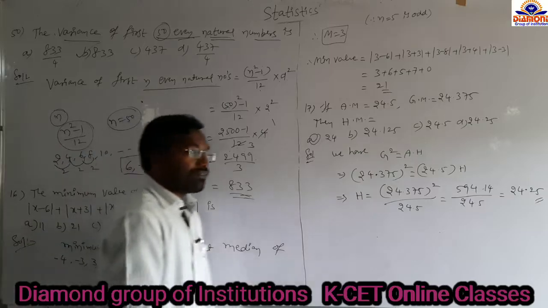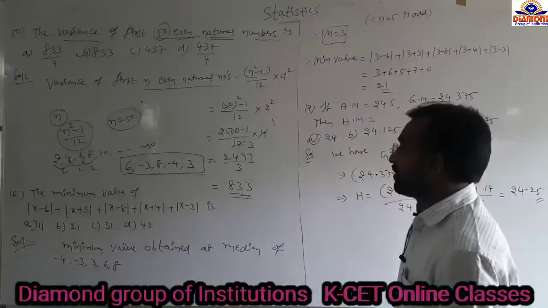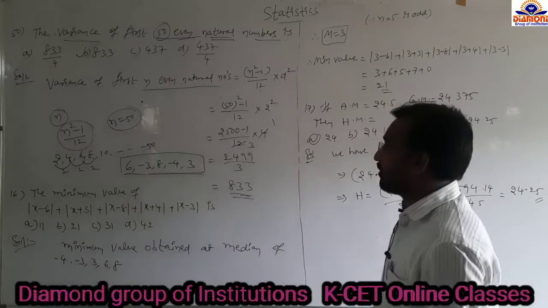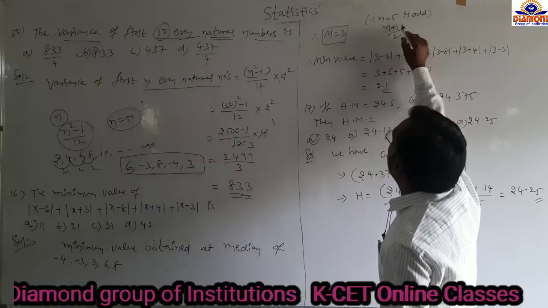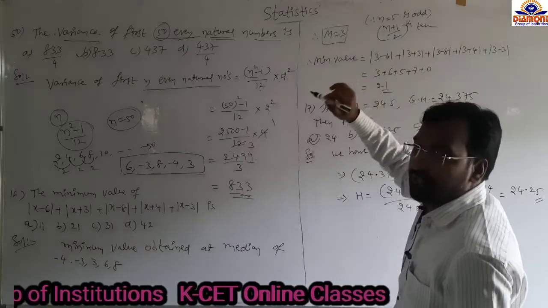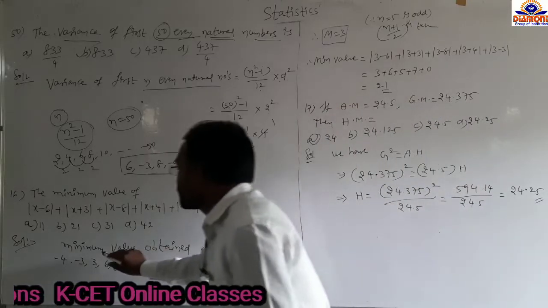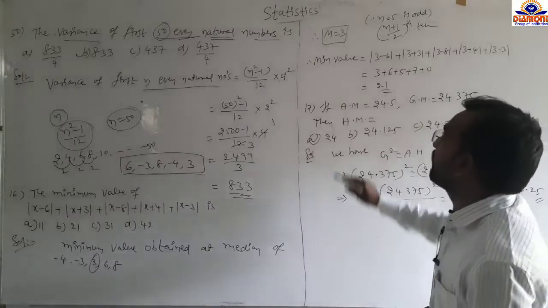Total observations are 5, so n equal to 5 is an odd number. In the case of an odd number, median equal to what? Median equal to (n plus 1) by 2th term. So that is 5 plus 1, 6 by 2, the third observation. What is the third observation? Minus 4, minus 3, 3. The third observation is 3 only. So the median value is 3.